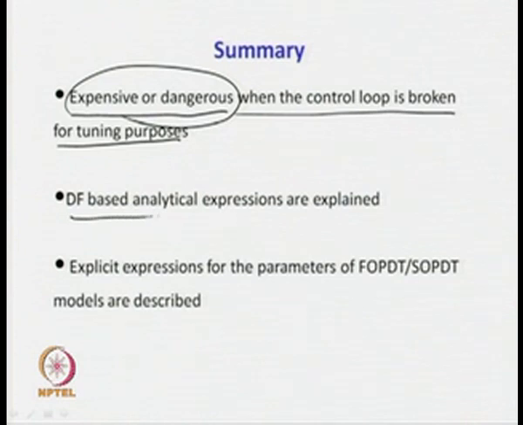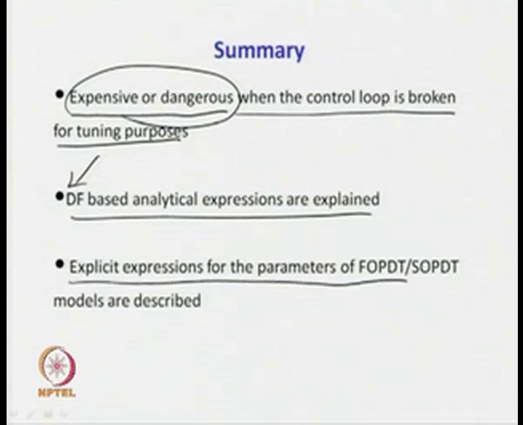We have done describing function based analysis of the relay control system, giving us 2 explicit expressions for the unknowns associated with the transfer function model. The explicit expressions for the parameters of first order plus dead time and second order plus dead time models are explained.